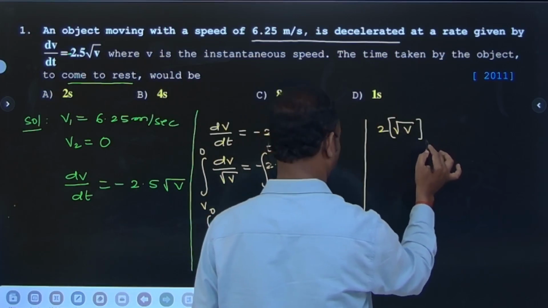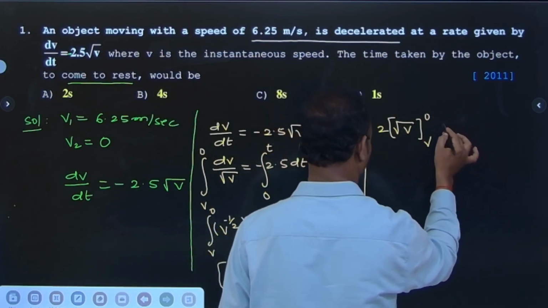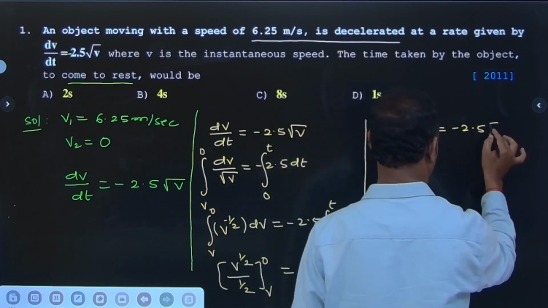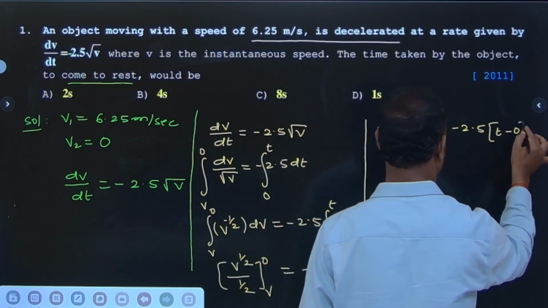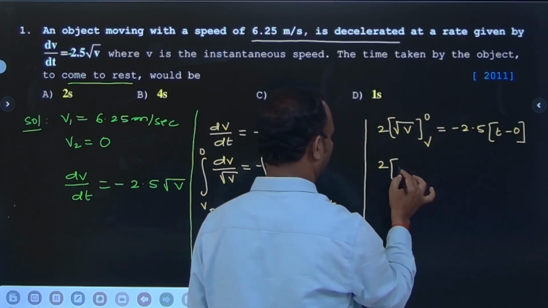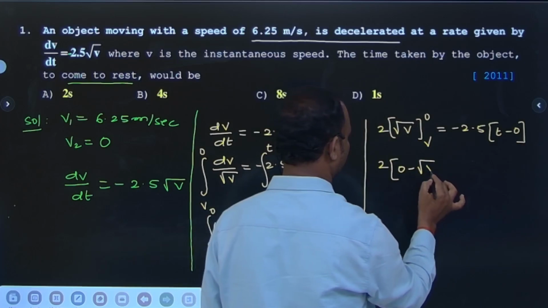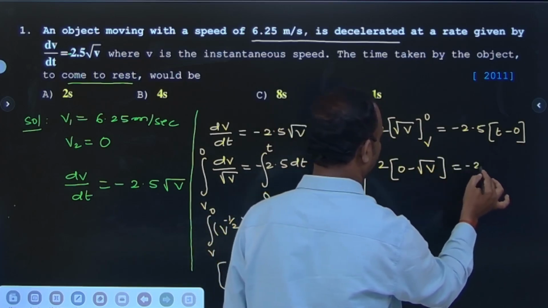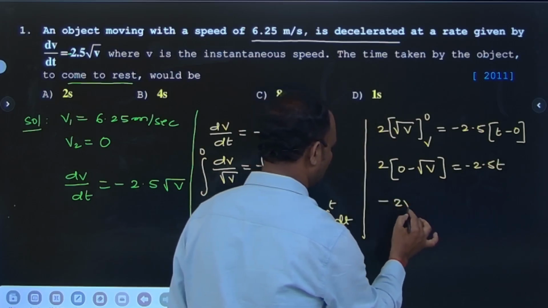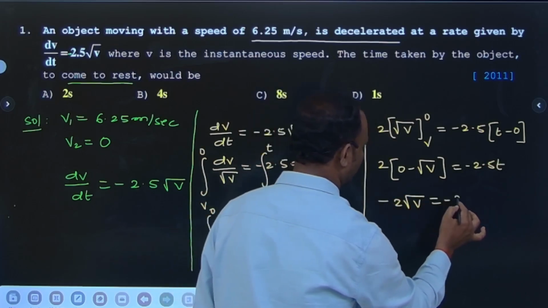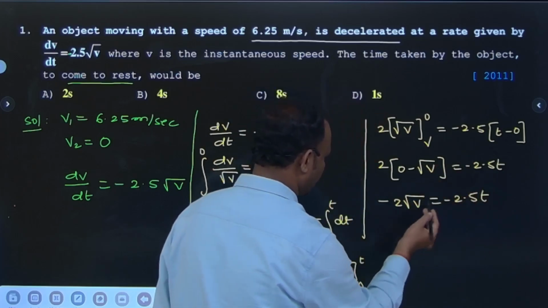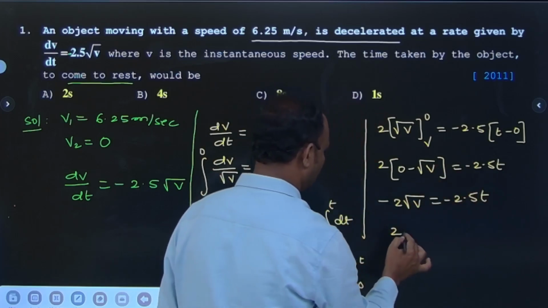With limits from V to 0, it is equal to minus 2.5 integration of dt, with upper limit t minus 0. So 0 minus 2 root V is equal to minus 2.5 t. So minus 2 root V is equal to minus 2.5 t. The minus cancels.